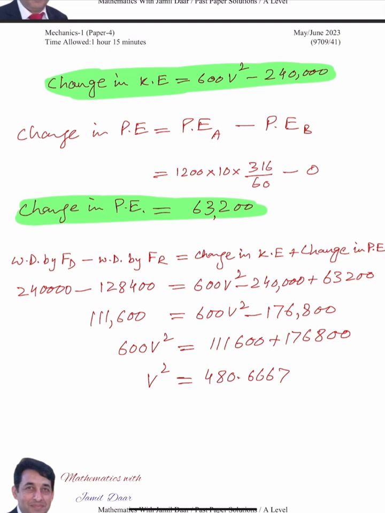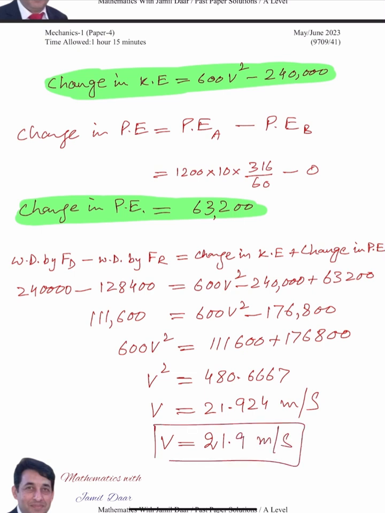If we take the square root, this will become 21.924 meter per second, and if we round it to three significant figures, this will become 21.9 meter per second. So hope you have understood the concept.